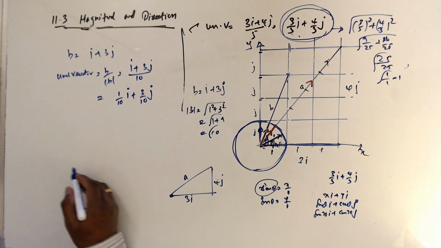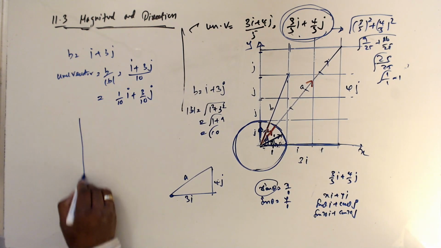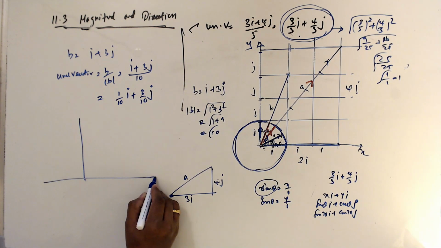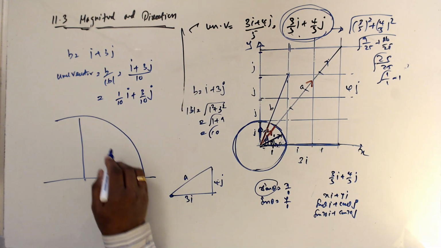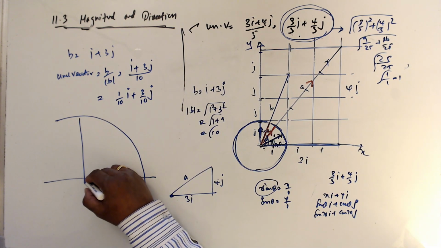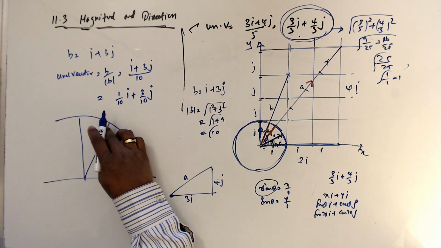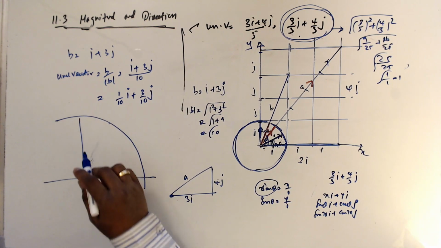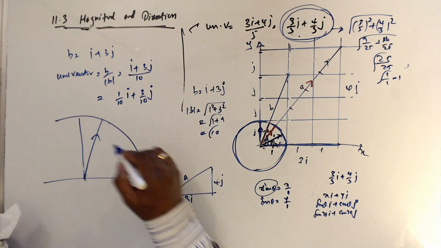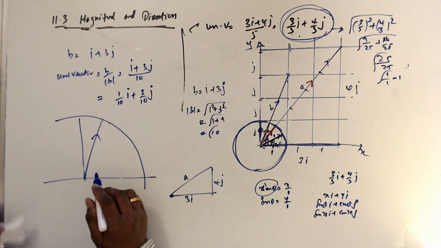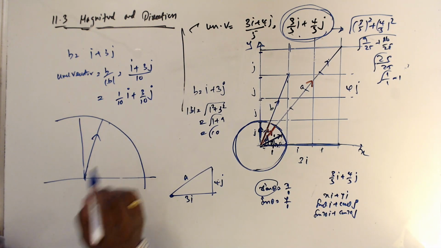So now I'm going to zoom in on that scenario here. We have a unit circle, and we need to find this direction. Is it parallel? No. So those two are now parallel, and so we found the unit vector.